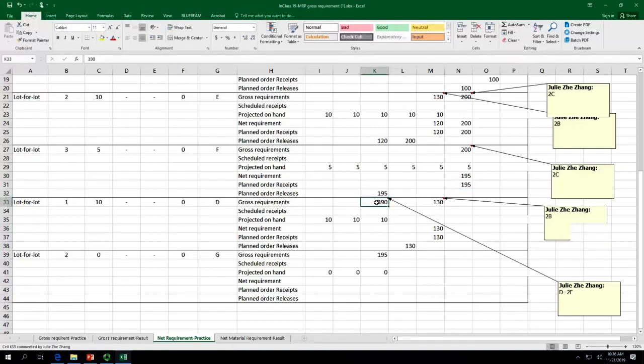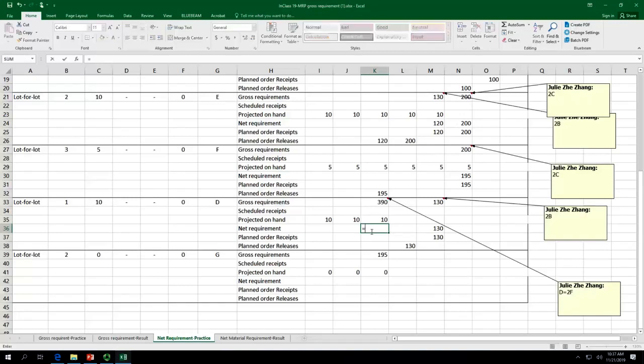So this number equals 390, equals 195 times 2. Because we consider the inventory at hand, it is 10 already.